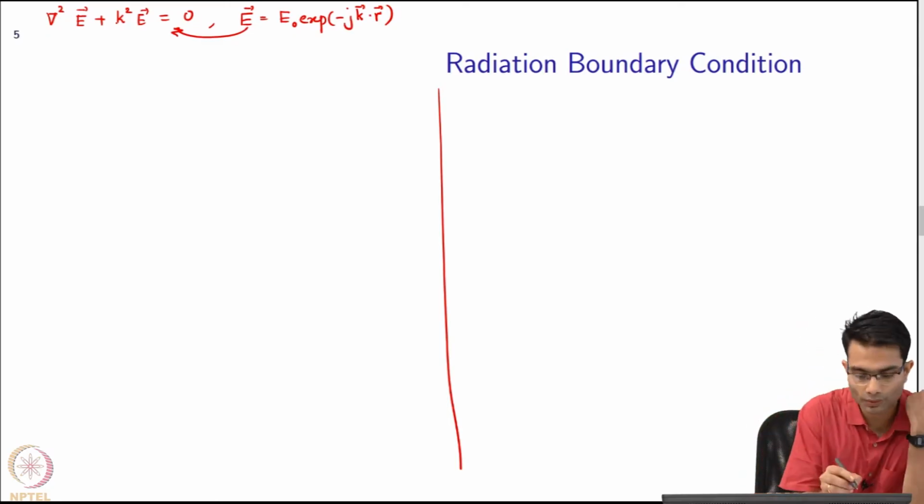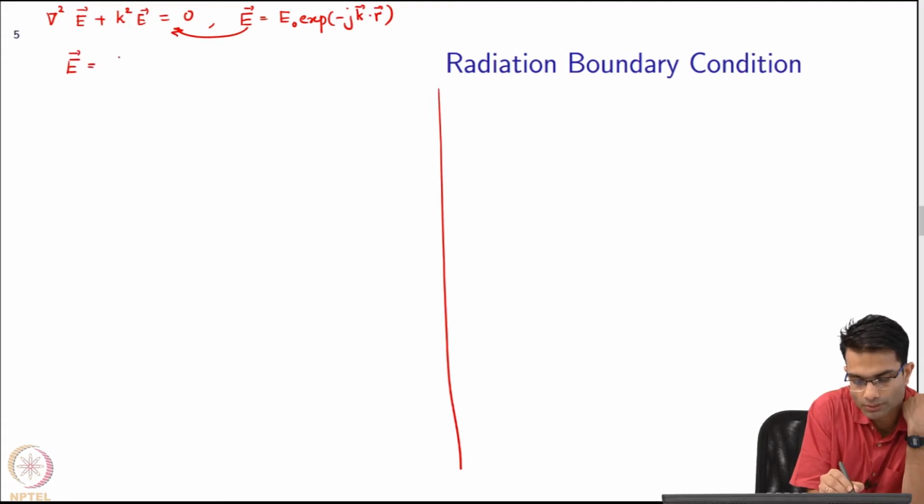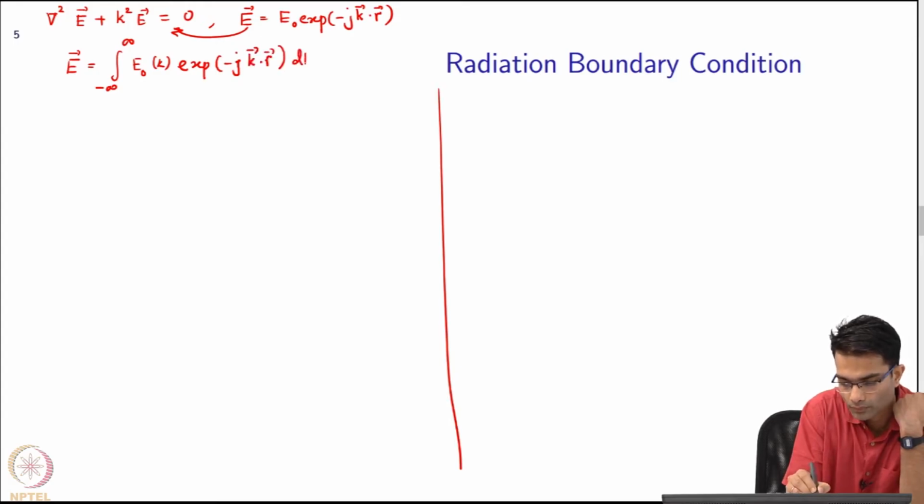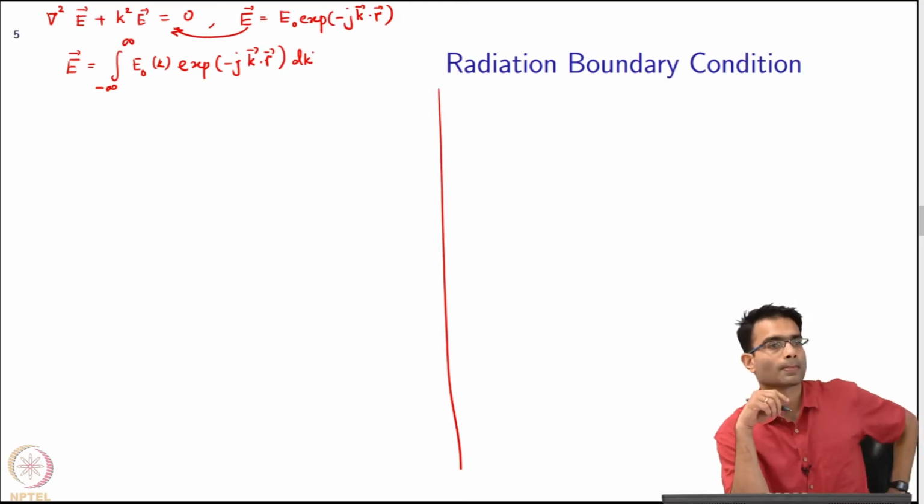Now, let me ask you the following question. Is this also a solution? I call E equal to E naught, now a function of k. What have I done?